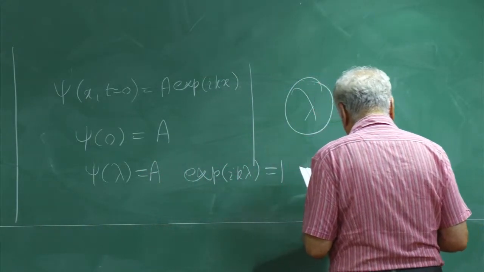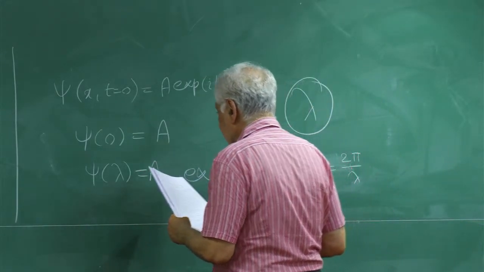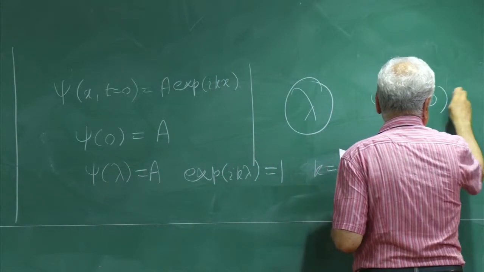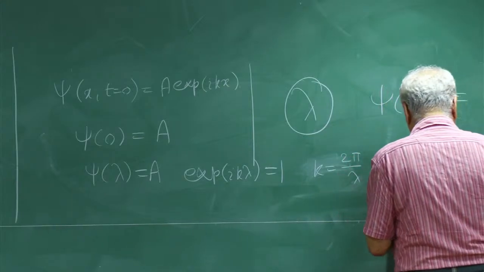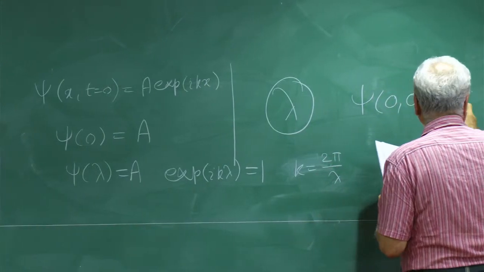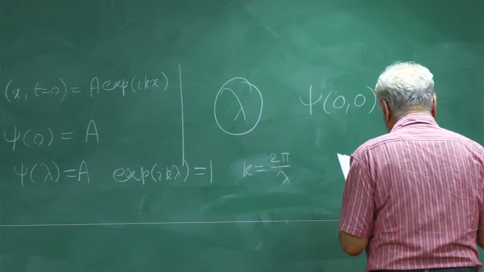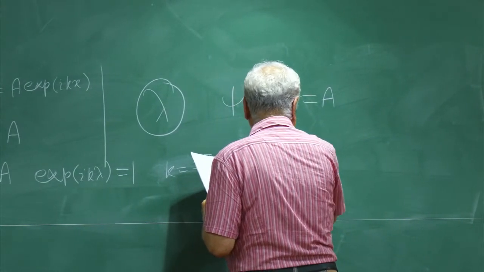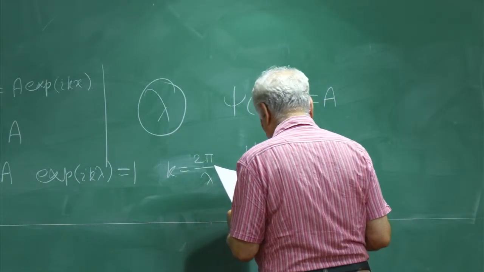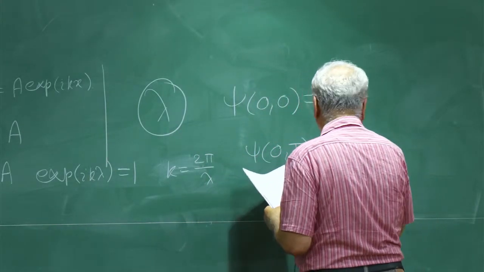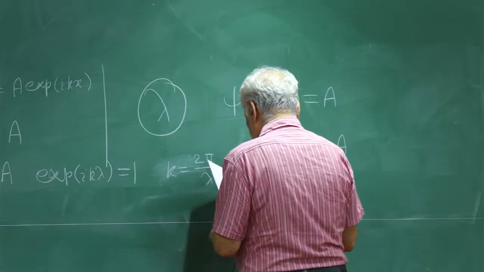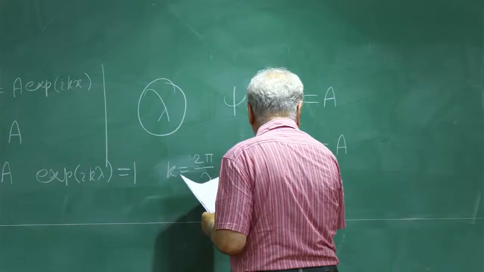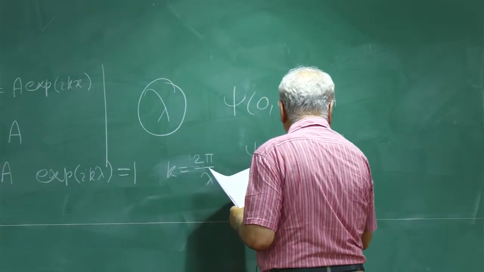Similarly, at x equal to 0, what will happen at t equal to 0? ψ0 equal to A again. Now I want ψ(0, T) equal to A. That is right. Or e raised to minus iωT equal to 1.